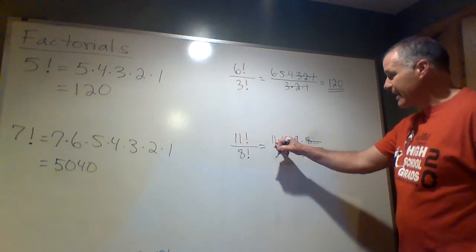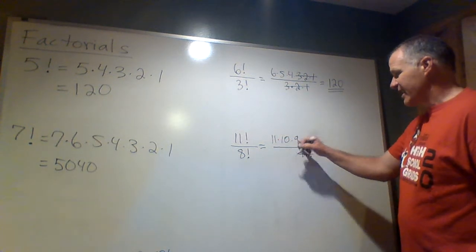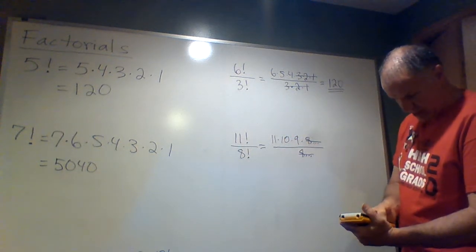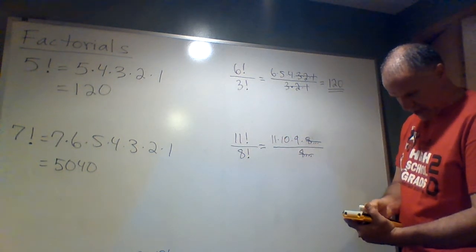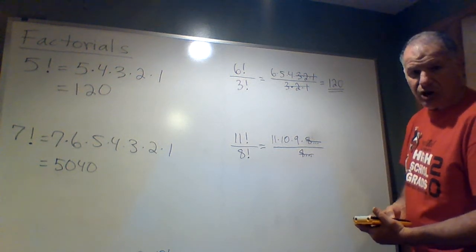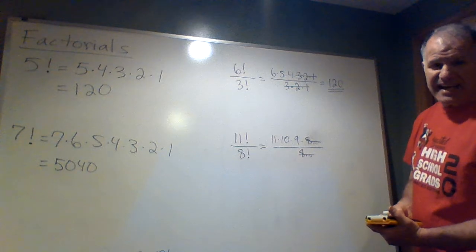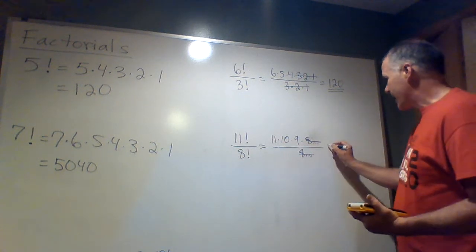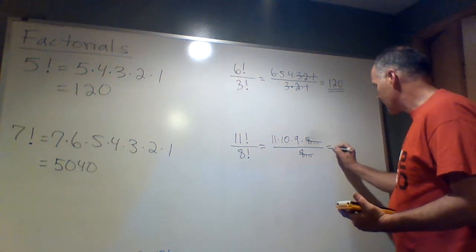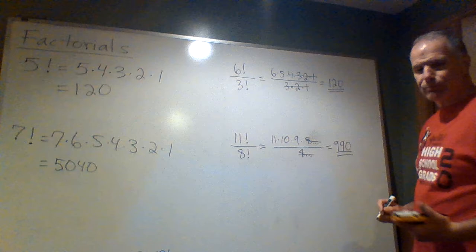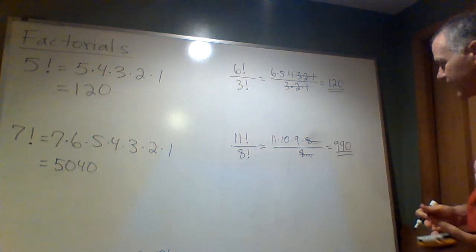So the only thing left is really going to be the 11, the 10, and the 9. The 11 times 10 times 9 is going to be my answer, and I don't have to write out all those digits all the way from 11 down to 1 and 8 down to 1. But anyway, 11 times 10 times 9 is 990. Boom. There we go.